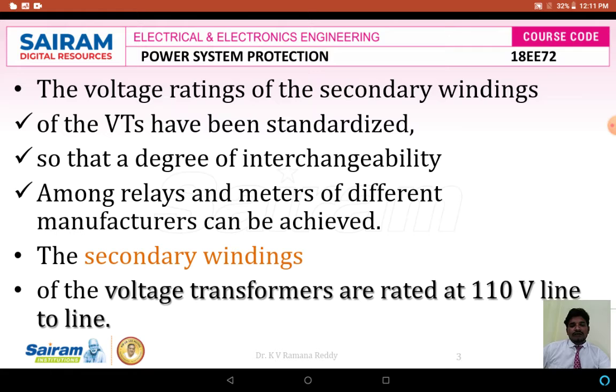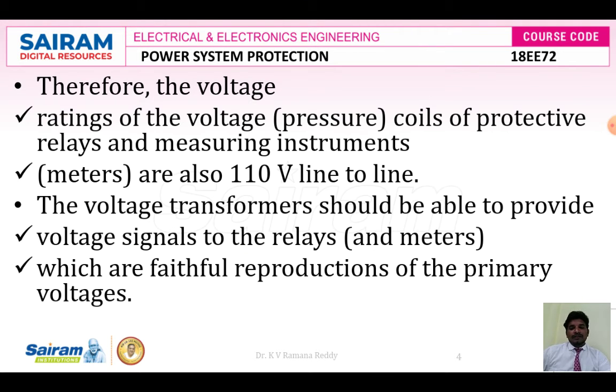For example, there are many manufacturing companies like BHEL, BEL. So whichever company manufactures it, on the voltage transformer secondary side we have to achieve 110 volts between line to line, to overcome the difficulties.